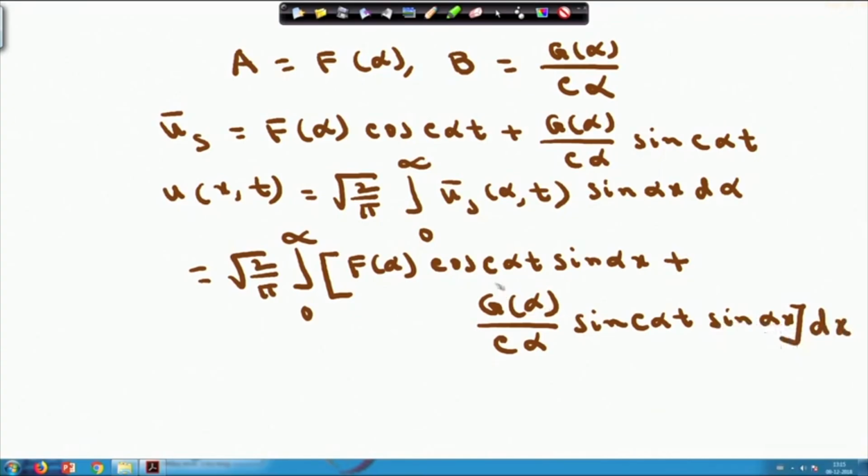Once you have cos c cos d and sin c sin d, these two I can break using trigonometry.